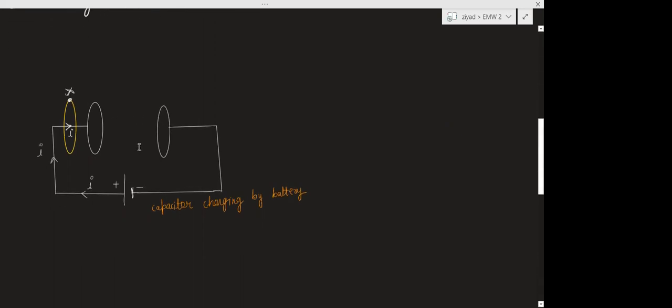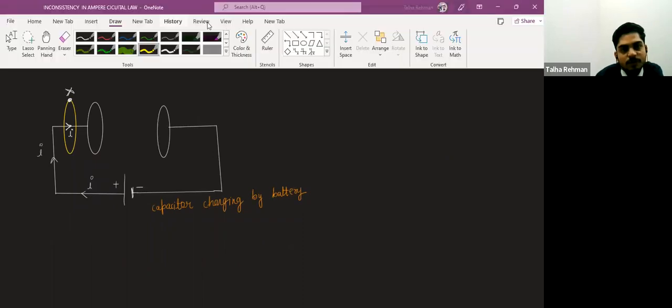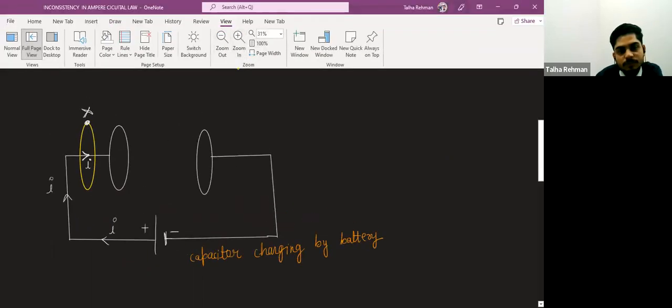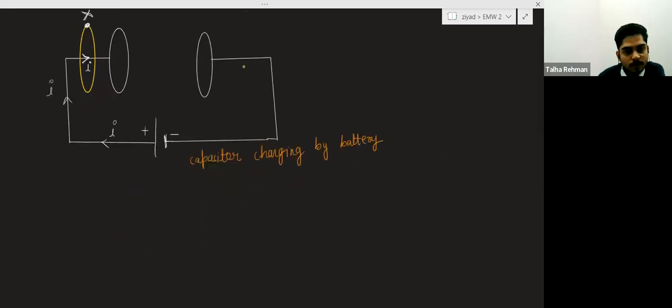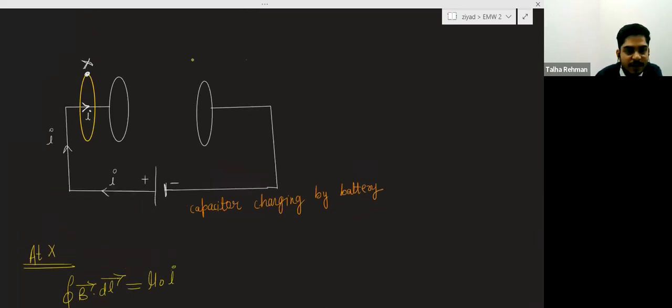Now at X, when you apply Ampere circuital law, the line integral of magnetic field, that is B dot dl, is equal to mu naught times the current enclosed by the loop. Suppose small r is the radius of this loop.